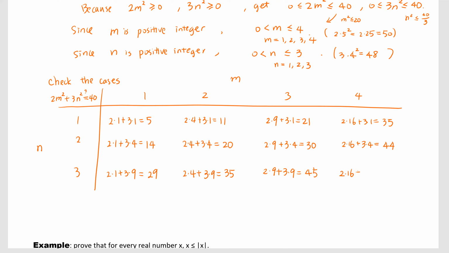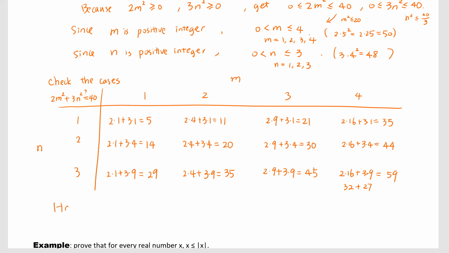2 times 16, 3 times 9 is 32 plus 27, 59. Okay, so here are all the cases. And we can see none of them equals 40.